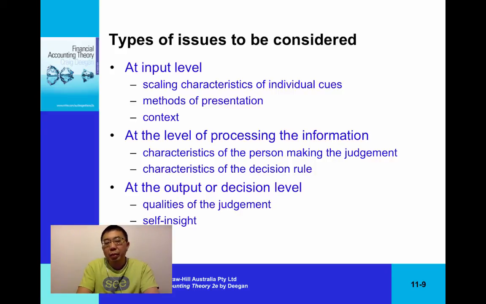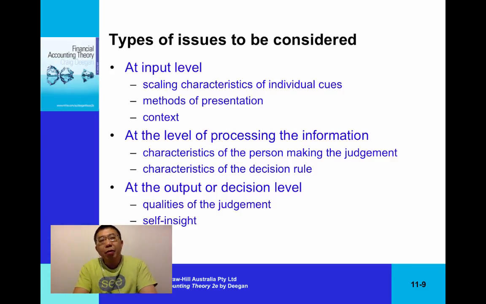When you look at the person, how do you measure his ability to pay? If you look at accounting information, then which accounting information is the most appropriate? And how is it presented? Does it matter how it's presented? Does it matter if it's presented in a numeric form or if it's presented in words?